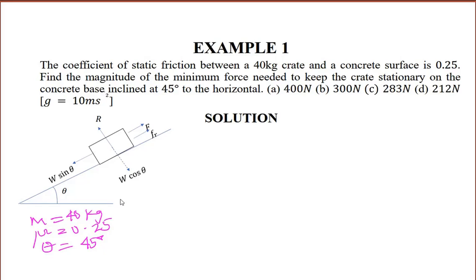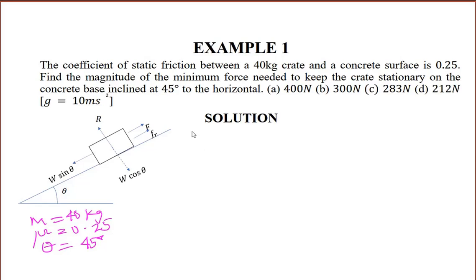Let's go through the question again. The coefficient of static friction between a 40 kg crate and a concrete surface is 0.25. Find the magnitude of the minimum force needed to keep the crate stationary on the concrete base inclined at 45 degrees to the horizontal. Now, the function of the force F is to keep the body stationary, that is, preventing the body from sliding down the plane. So the force moving the body upward will be equal to the force moving the body downward since the body is stationary.